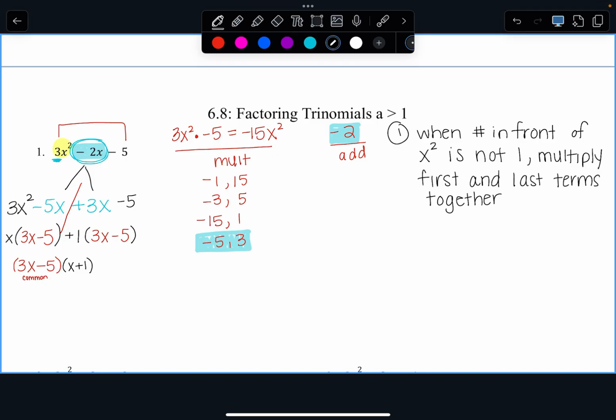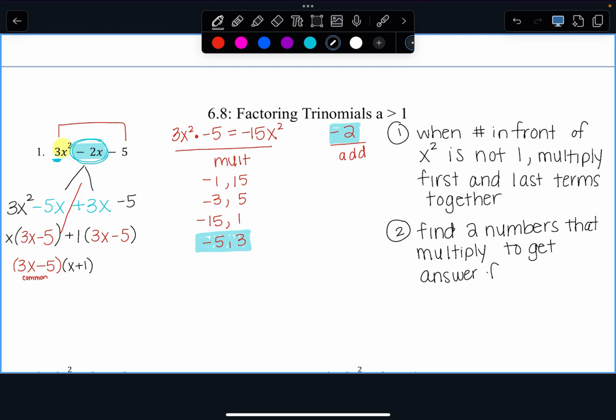That's our first step. Our second step is to find two numbers that multiply to get your answer from step 1 and that add to get your middle term.